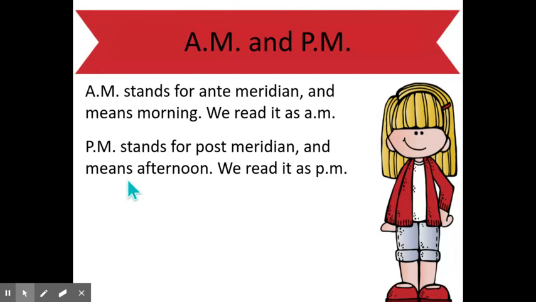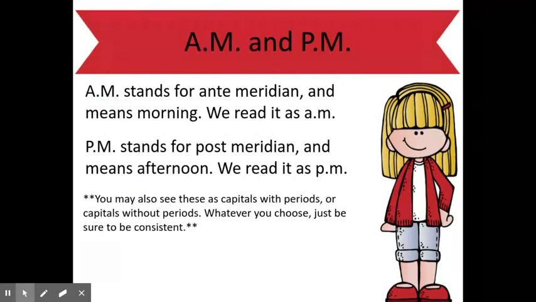Now, I want you to notice that all of our other abbreviations so far have just had one period after those little 2-3 letters. AM and PM have a period after both or not at all. I told you it was funky.